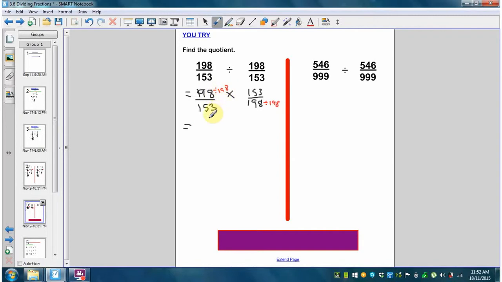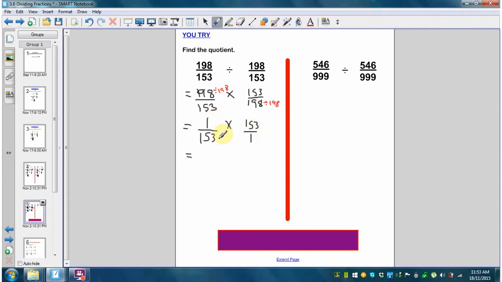198 divided by 198, that's 1 over. We haven't done anything with this one yet. So 153 times by, haven't done anything with this one, 153 divided by, and 198 divided by 198 is 1. Okay, and then I'm going to multiply now.